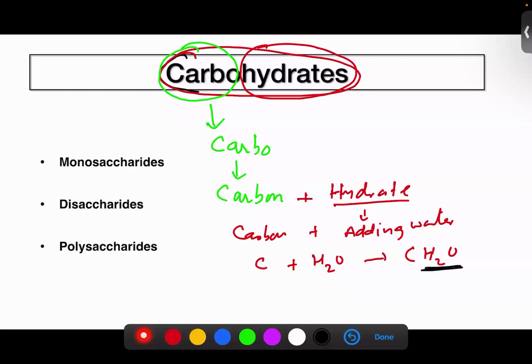There are 3 classes of carbohydrates: monosaccharides, disaccharides, and polysaccharides. Monosaccharides have a single sugar unit. They are sweet in taste and water soluble, and they are known as simple sugars. Disaccharides consist of 2 sugar units.